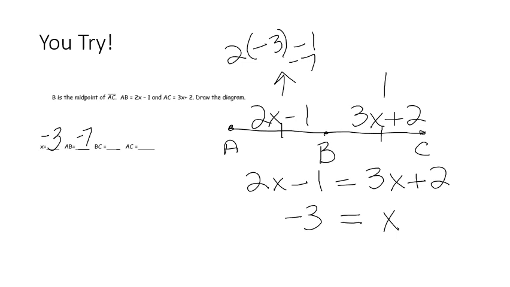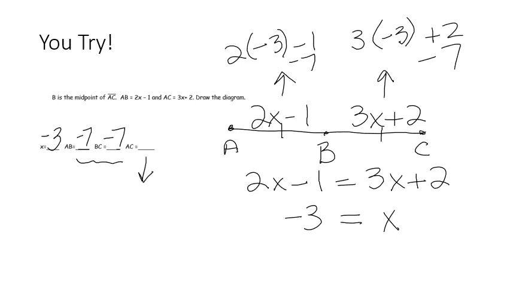And BC, 3 times X, or -3, is also -7. So the fact that these two are coming out the same means that I set these equal to each other and solved correctly. So AC, that's our whole, part plus part equals whole.